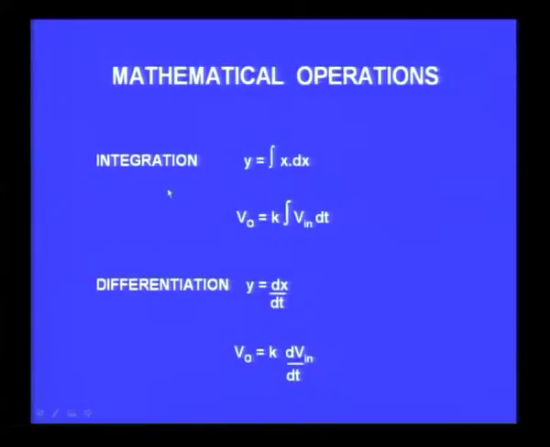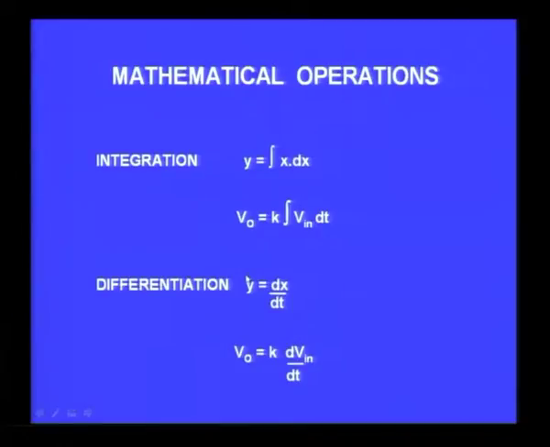Then we also saw integration being performed where the output voltage is a time integral of the input voltage: V output is equal to k times integral V in dt. We saw some examples of this, we also saw a demonstration.